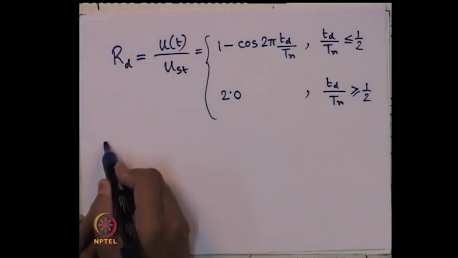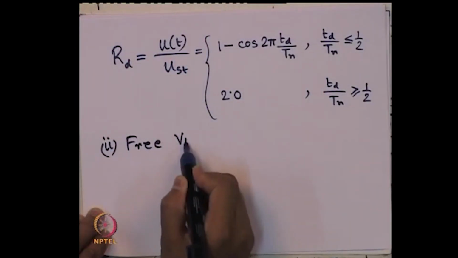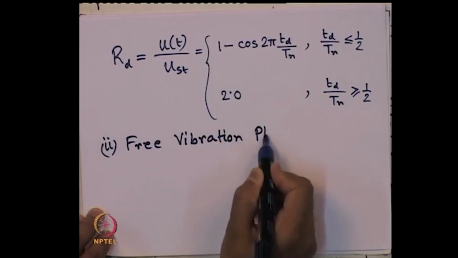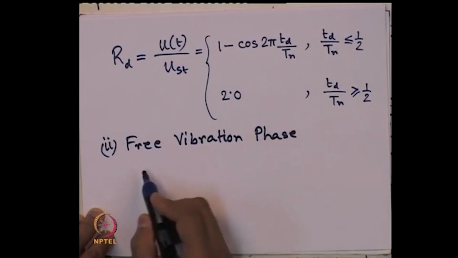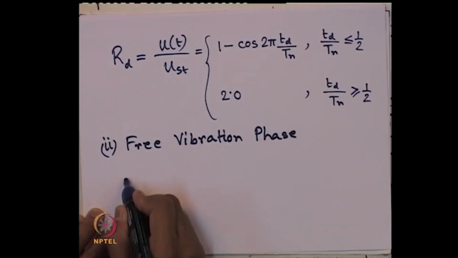Now, let us see the other phase, that is the free vibration phase. So, for the second phase, that is the free vibration phase, what is the maximum value of this u(t)?